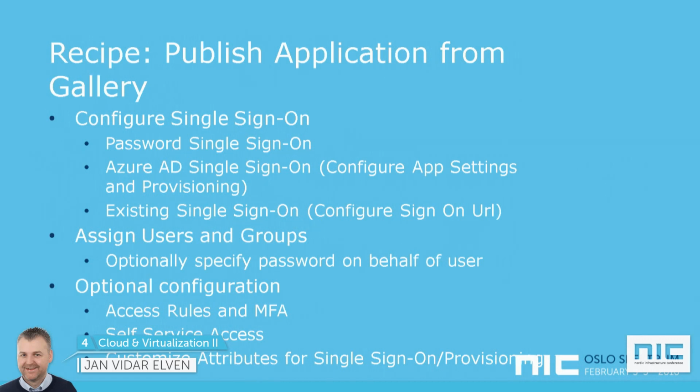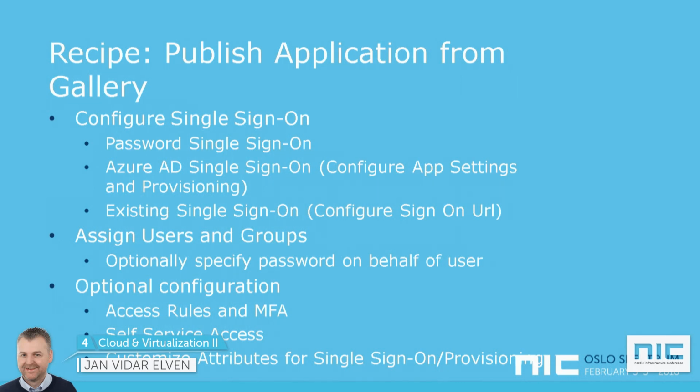So just a short summary here for what you need to think about when you are going to publish applications. You have to configure what type of single sign-on you want to use, if you want to use applications from the gallery. Do you want to have Azure AD single sign-on, dependent on the application? Or are you going to use password-based single sign-on?